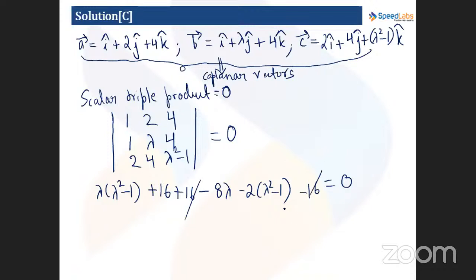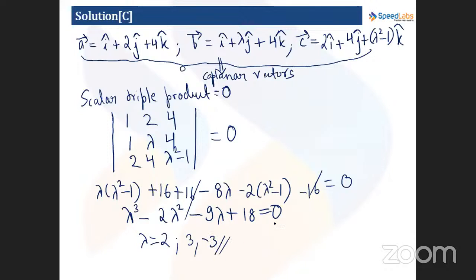So this 16 got cancelled, and we'll finally get the equation lambda cube minus 2 lambda square minus 9 lambda plus 18 equal to 0. Now, if I try hit and trial, I'll get the root. One root as 2 and the other two roots will be 3 and minus 3.